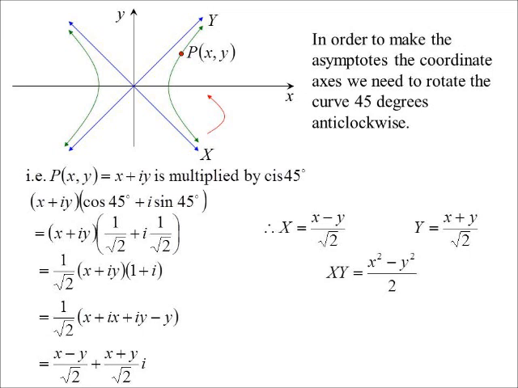But that's little x squared minus little y squared, which was the original equation of the hyperbola, and we said that was equal to a squared. So I've now got X times Y is equal to some constant number. And that's what we're used to seeing. We write it as y equals 1 over x, but I could rearrange that as xy equals a constant number. So, xy equals a squared on 2.